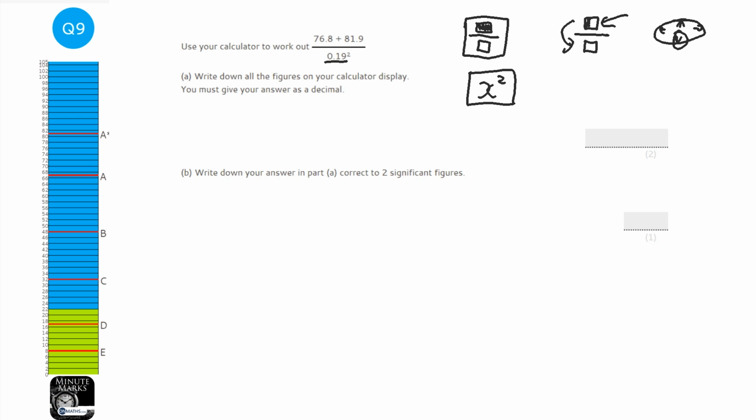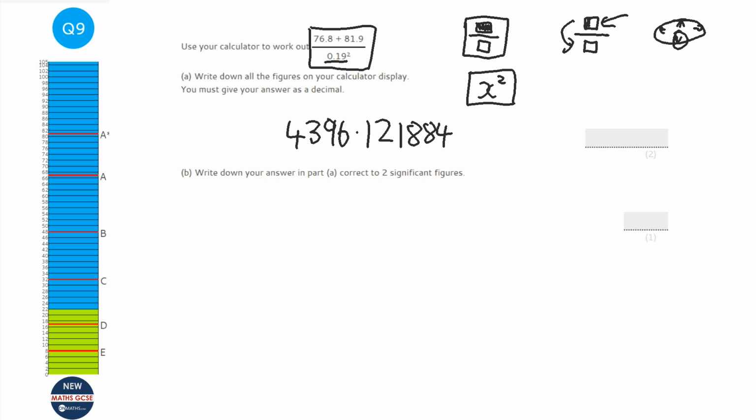So you just press that, and it looks exactly as it does in the question on the screen, so you know you've got it right. So you press the equals, and my one comes up with 4396.121884. Now, it might be tempting to try and round that, but it says it wants all the figures, so just put them all in.